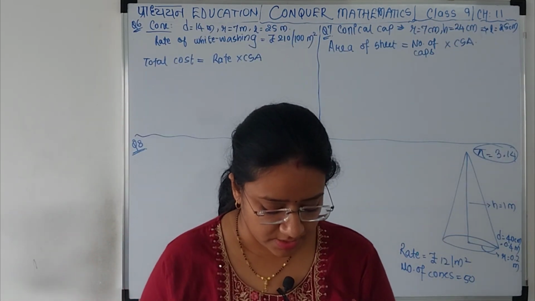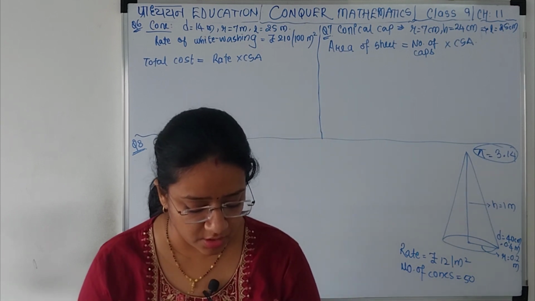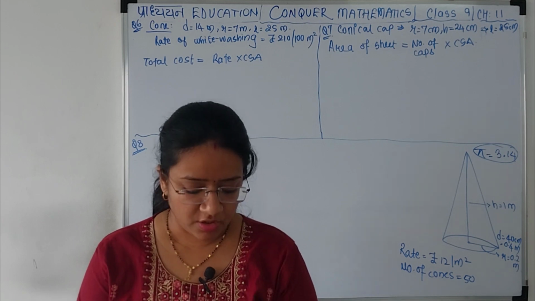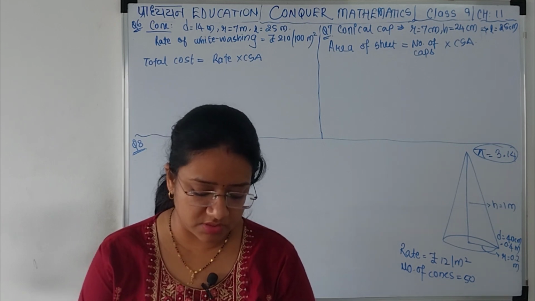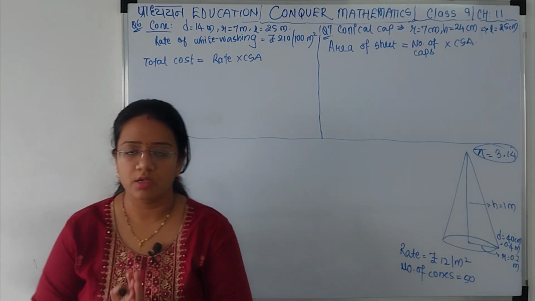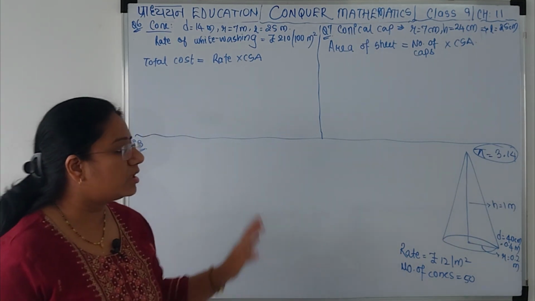The question says the slant height and base diameter of a conical tomb are 25 meters and 14 meters respectively. Find the cost of whitewashing its curved surface at the rate of 210 rupees per 100 meters square. Very easy. There is a conical tomb.